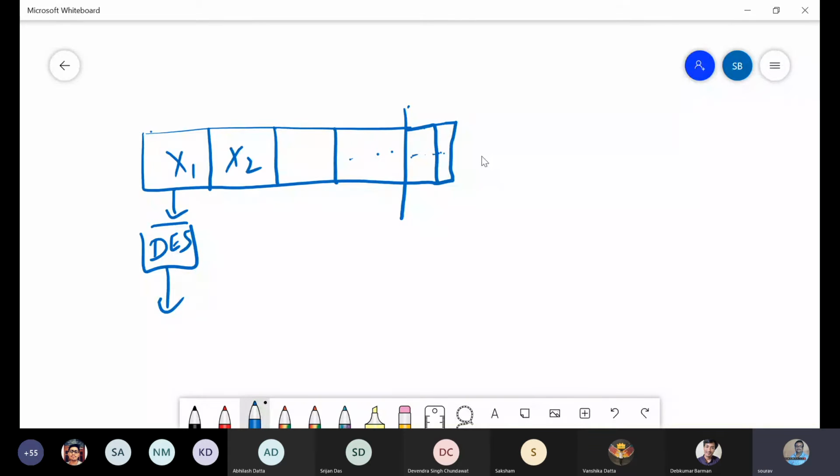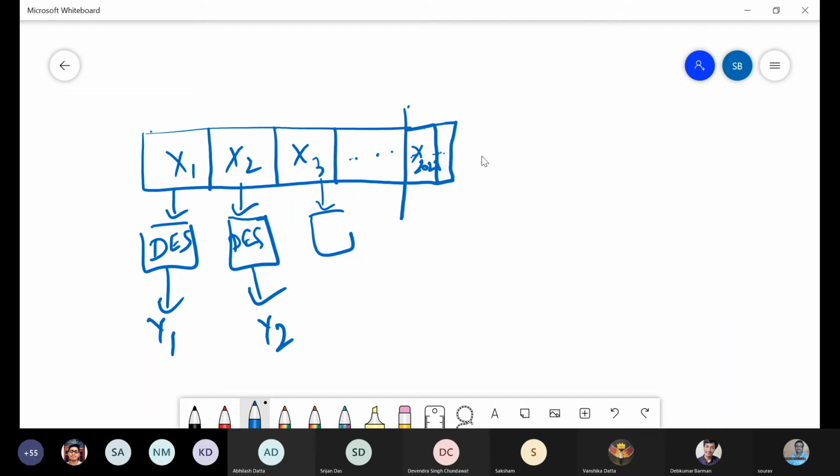This is x1, x2, up to x2021, with the hope that Corona will go. DES gives y1, y2. They have the same key, so you use the key over here, y3 and so on.